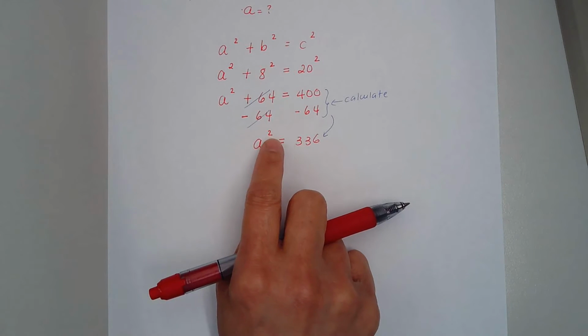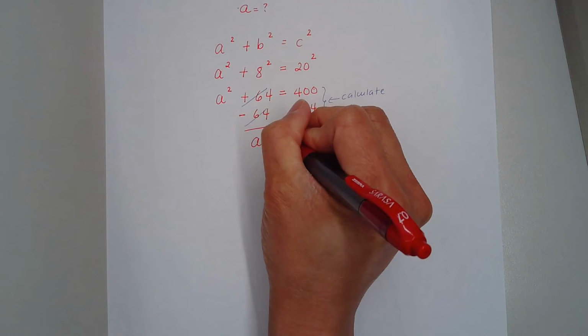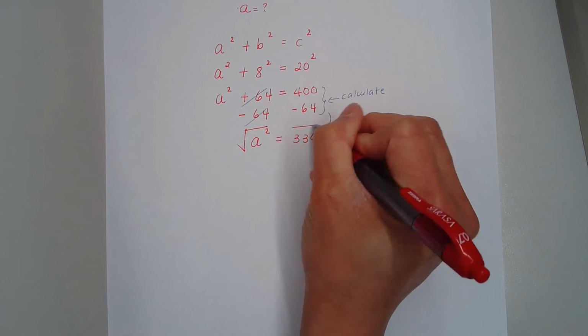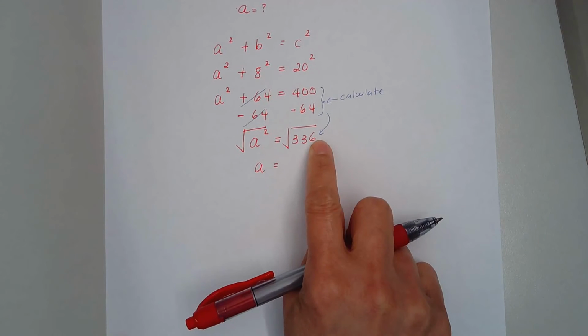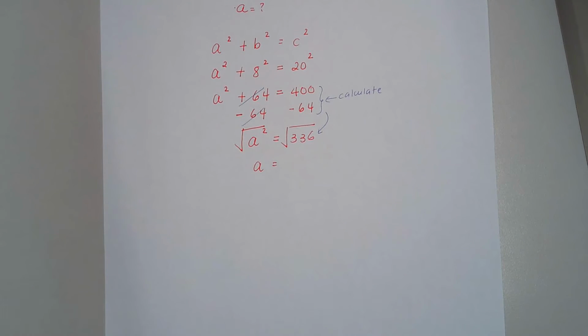We have to get rid of the square. To get rid of the square is square root. Okay. Now we're going to take the square root of that number. 18.4.